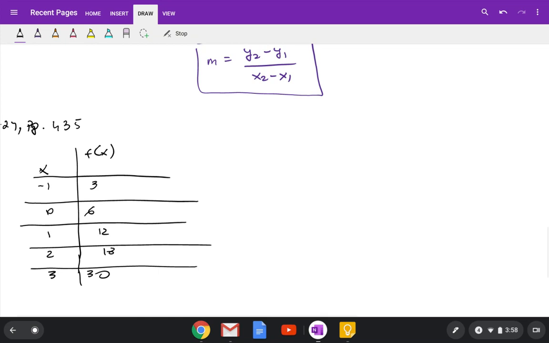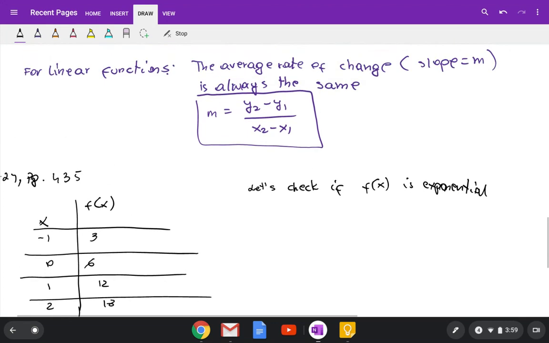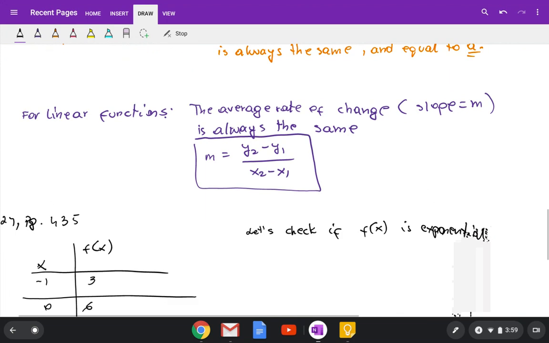So what I'm going to do first, let's check if f of x is exponential. For an exponential function, I told you guys that the ratio of two consecutive outputs is always the same.